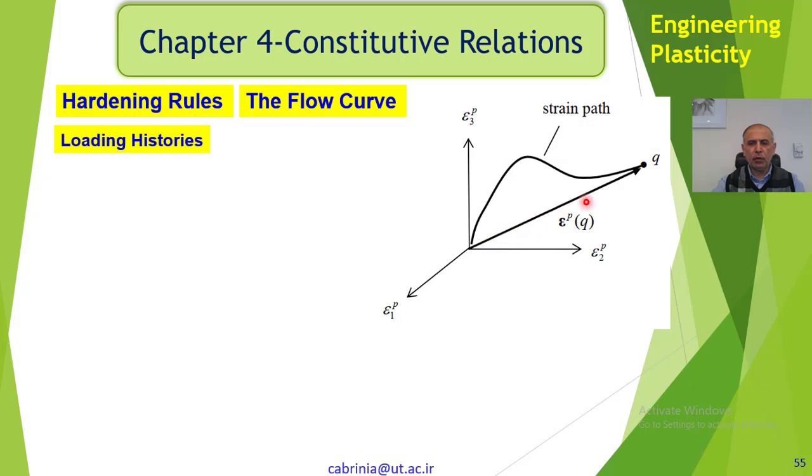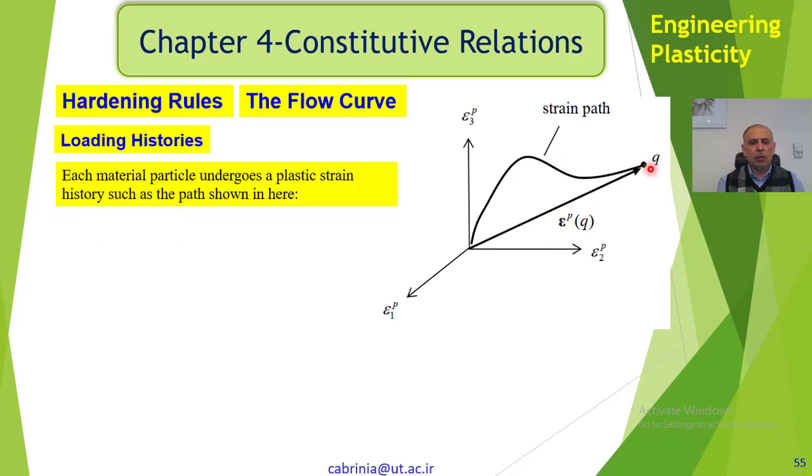For instance, we could go straight to point Q, but we could also go through a point like that, which we call a strain path. We are going to talk about this phenomenon.